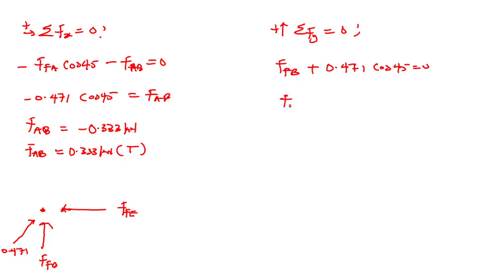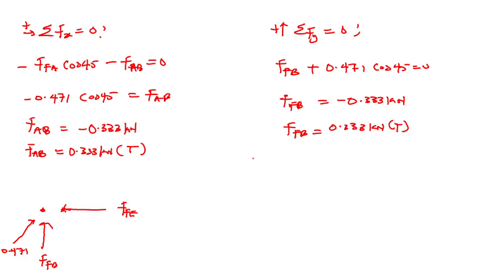And FFB would then be equal to minus 0.333 kilonewton. We would do the same thing, FFB equals 0.333 kilonewton in tension, not compression anymore.